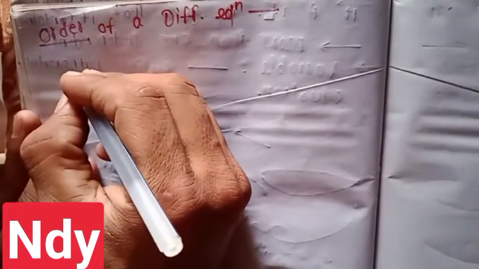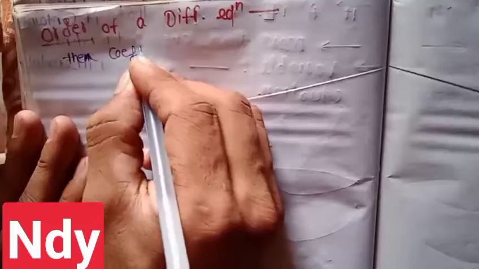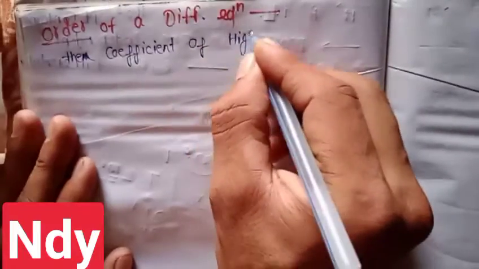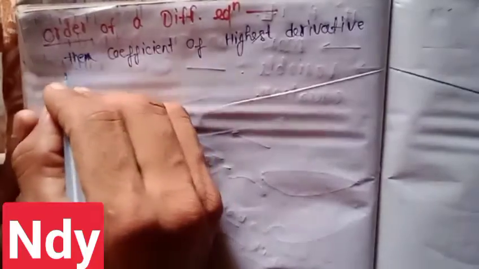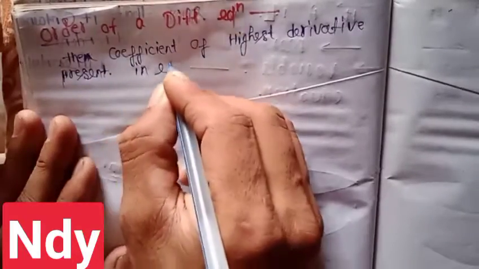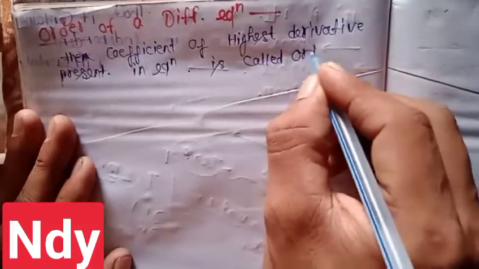The order of the differential equation is defined as the order of the highest derivative that is involved or present in the differential equation; that is called the order of that differential equation.